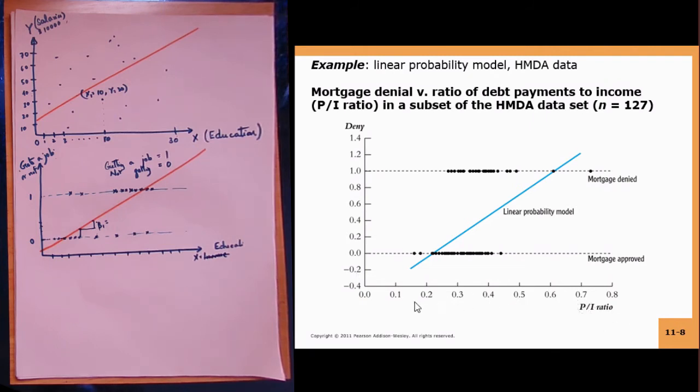So as your PI ratio increases, your ability to make the payment goes down, given that you need to use your income for other purposes such as buying food, paying for the education of your children, and so on and so forth.